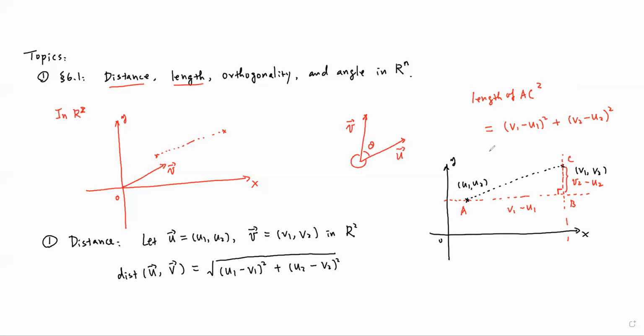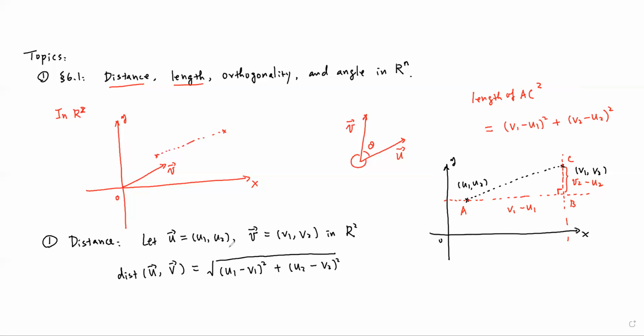So take the square root, and we have this formula. The distance between this point and this point is given by this number, by the Pythagorean theorem.